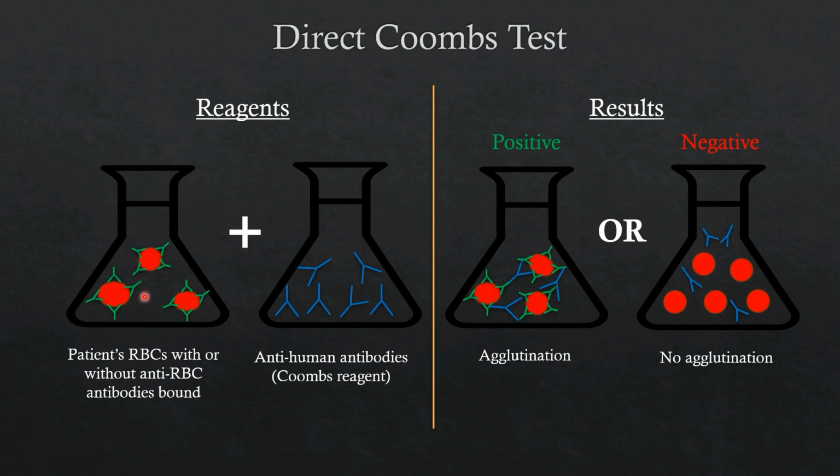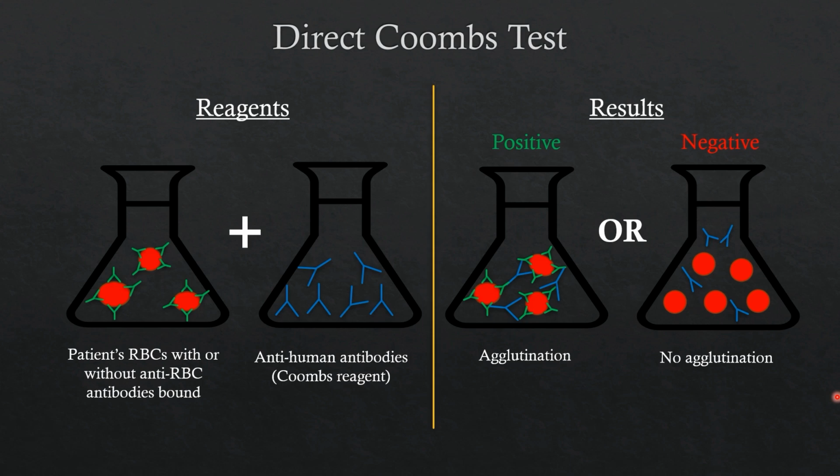In this diagram, the green antibodies represent autoantibodies causing hemolysis, okay? And then you add that to what's called the Coombs reagent. This is where the test gets its name. And the Coombs reagent is simply anti-human antibodies. These antibodies will bind to just about any antibody that it has in its reagent mixture.